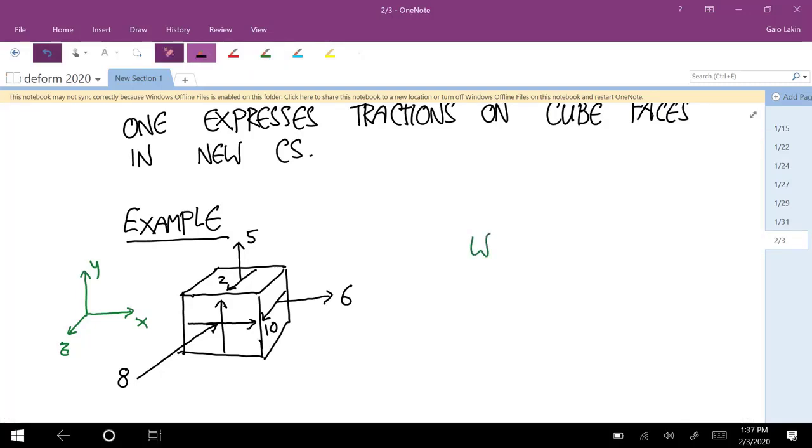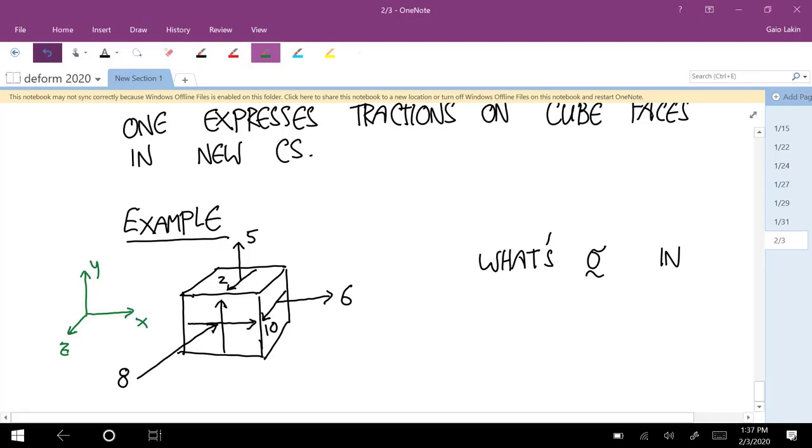And then we'll figure out what's the stress tensor in the new one. So for this one, let's change it to x-axis that way, y-axis that way, z-axis back. Okay.